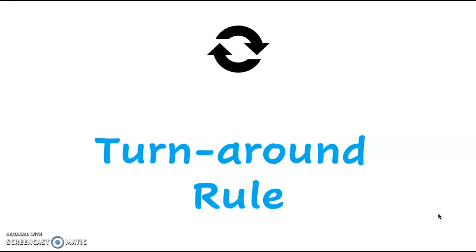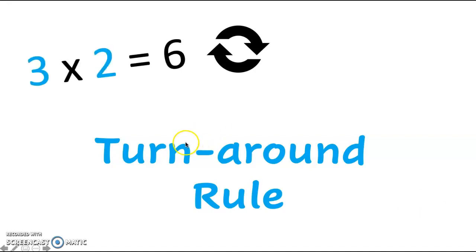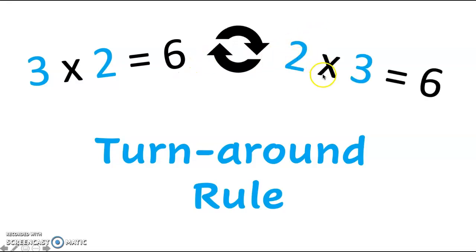Now I want to talk to you about the turnaround rule. And this is something we've already looked at. It's easy peasy. If I had the problem 3 times 2 equals 6, the turnaround rule simply would look like this. 2 times 3 equals 6.